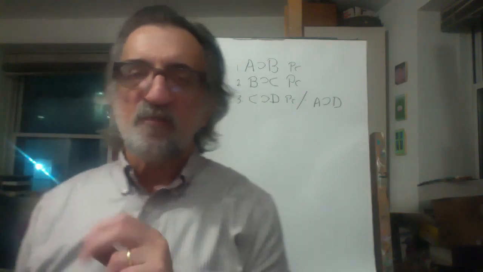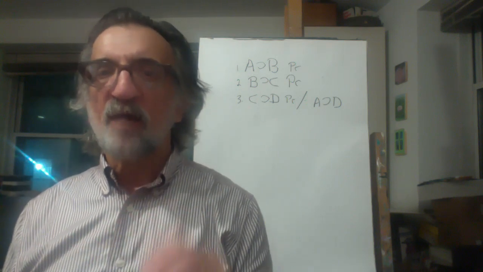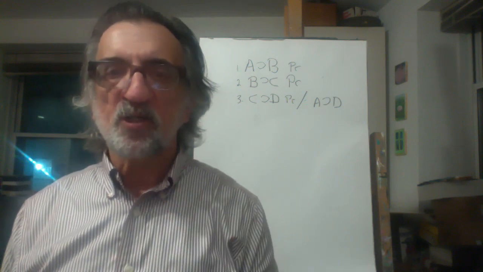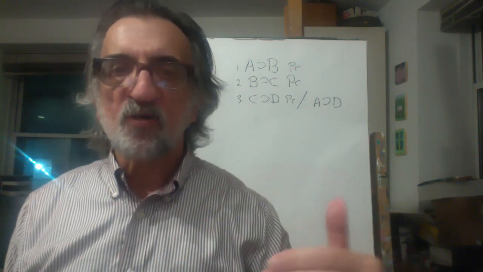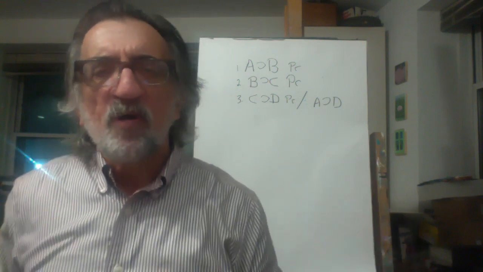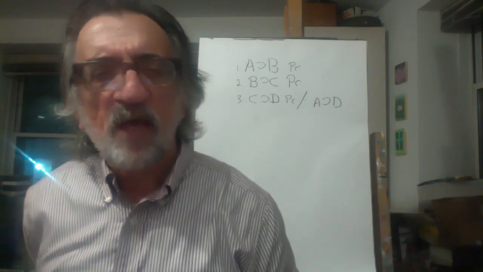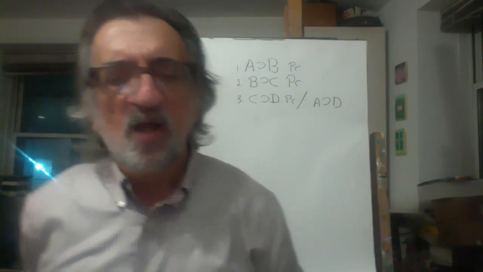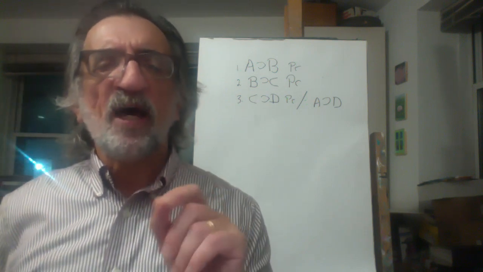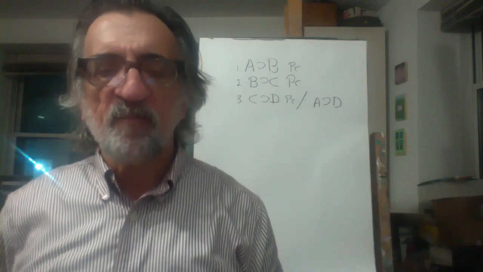Conditional proof builds on the relationship that we've seen and commented on several times between the material conditional and the logical relation of implication. Remember that a valid inference, a valid implication, and the material conditional both have this feature that the one thing you're not allowed to have is the first part being true and the second part being false.